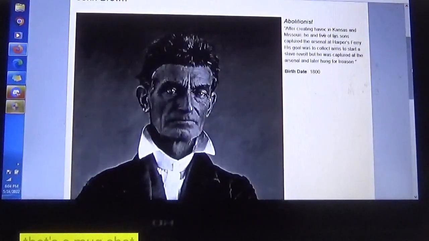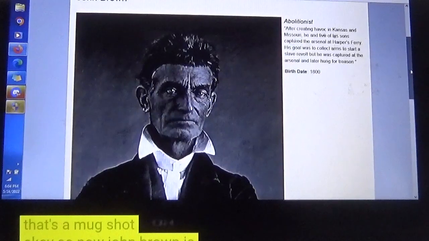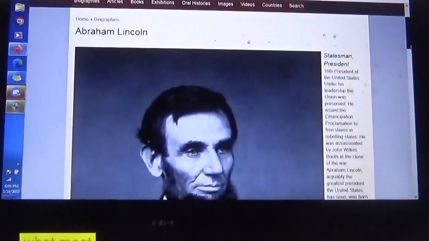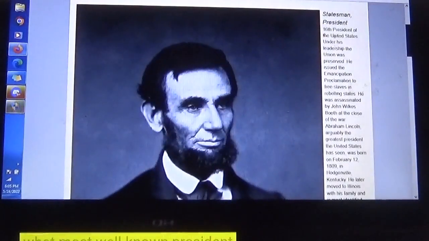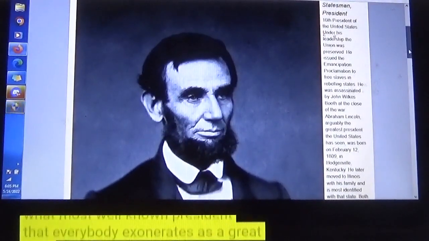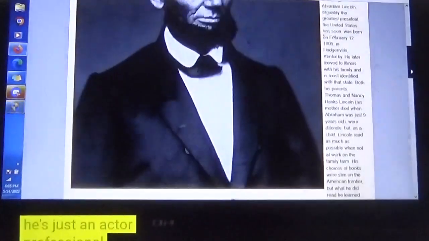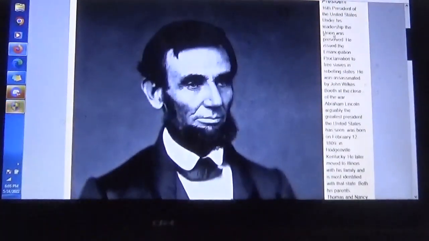That's a mugshot. Okay, so now John Brown is Abraham Lincoln, the most well-known president that everybody exonerates as a great hero. He's just an actor, professional actor, who also played Jeff Davis. Okay, they're all the same.